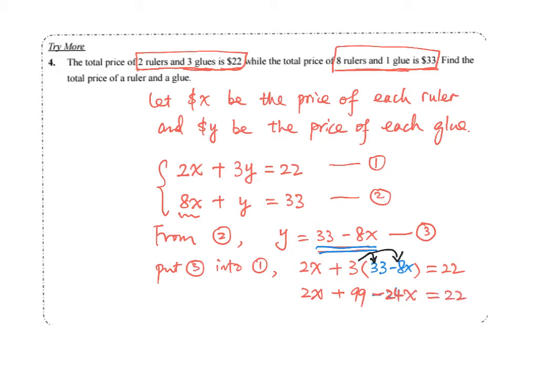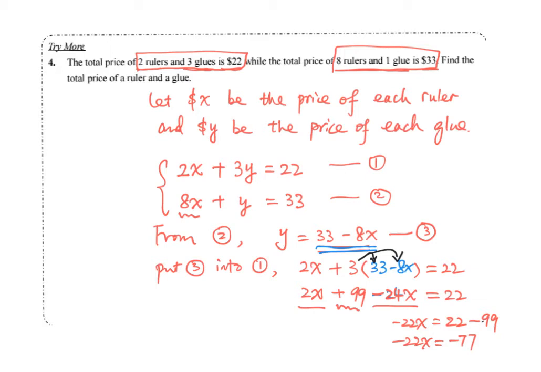Now we can combine the X terms, 2X minus 24X, which is negative 22X, and 22 on the right hand side. Move positive 99 to the right hand side. Change sign, change operation. Here, addition changes to subtraction, minus 99. So we have negative 22X equals negative 77.